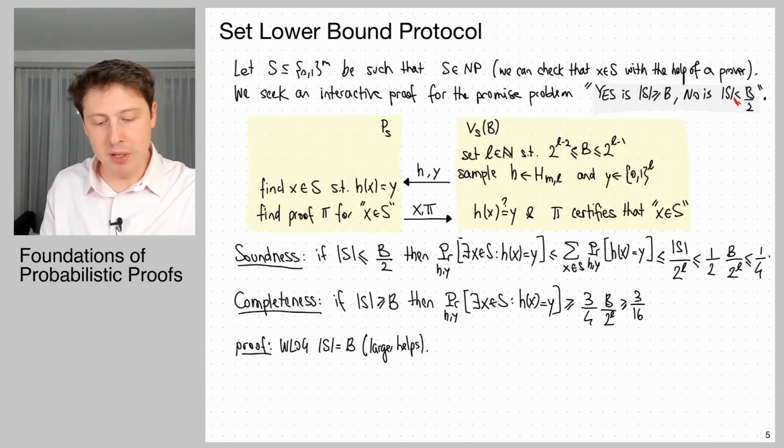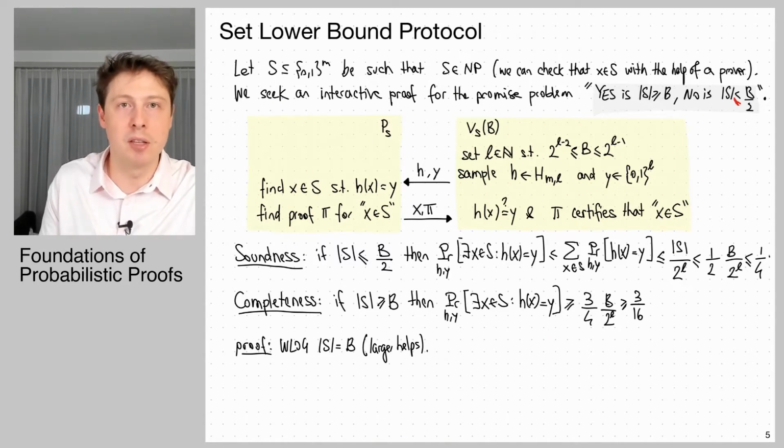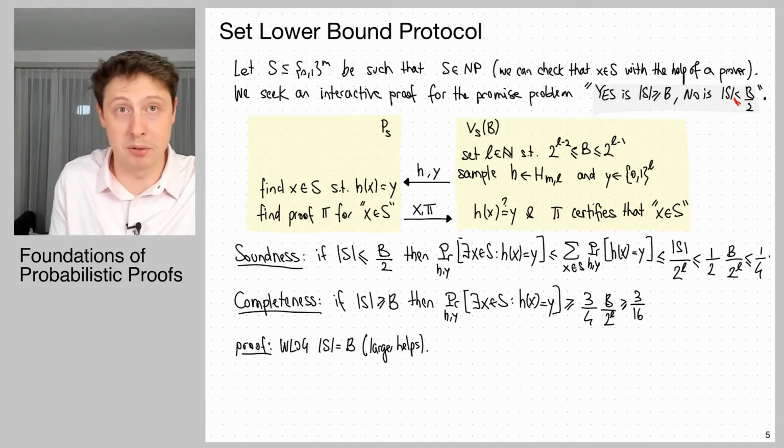First and foremost, we're going to assume, without loss of generality, that the size of S is actually not just at least b, it's literally b. Why? Because if I make S smaller, it can only strengthen my point, right? If S had been larger, this probability only grows, right? So might as well consider the worst case, which is the size of S is exactly b. This is going to help me in my computations, all right?